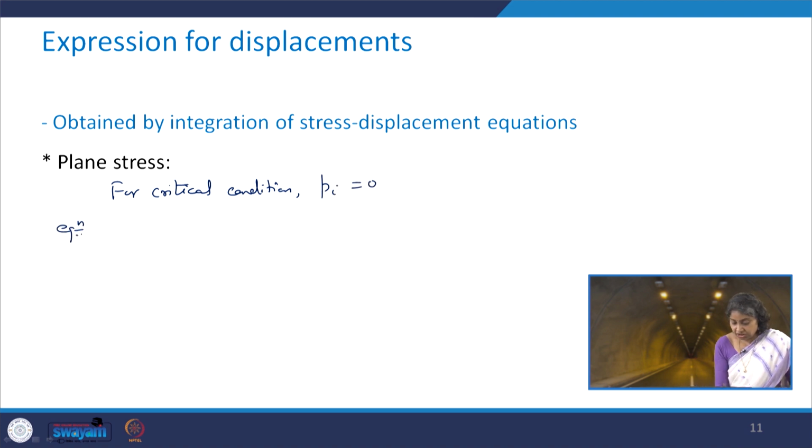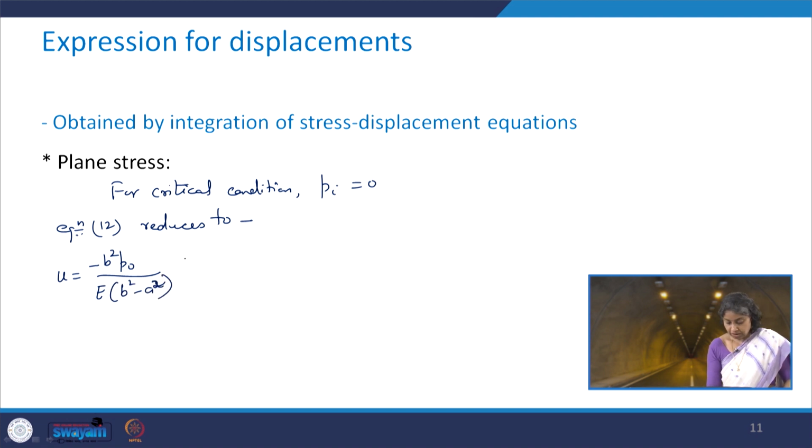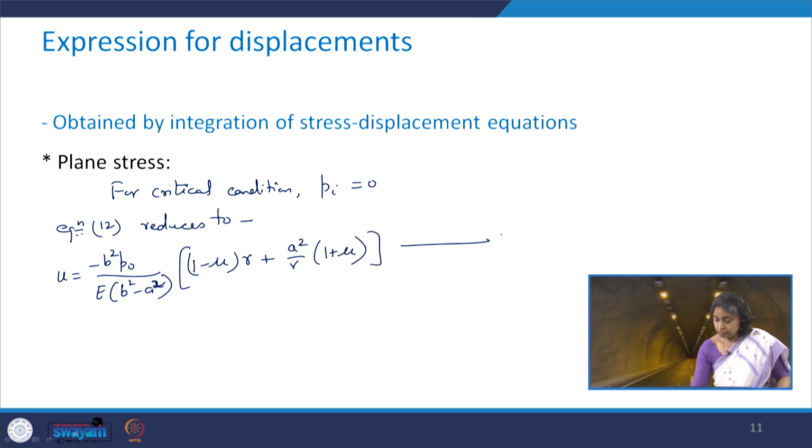So, our equation 12 reduces to u as minus b square p naught by E times b square minus a square into (1 minus mu) times r plus a square upon r (1 plus mu). So, this is how we can determine for the critical condition the expression for displacement.